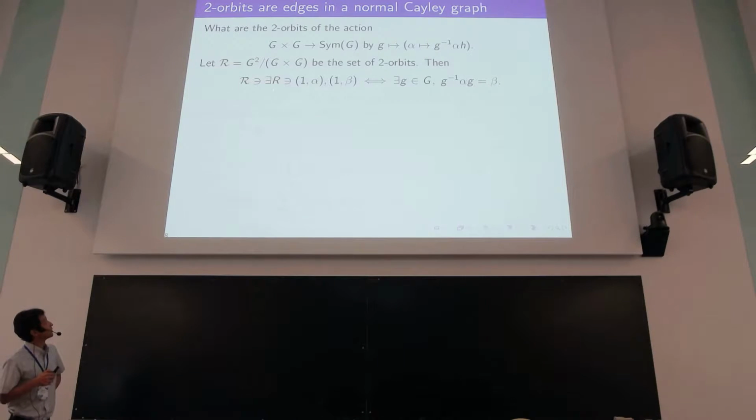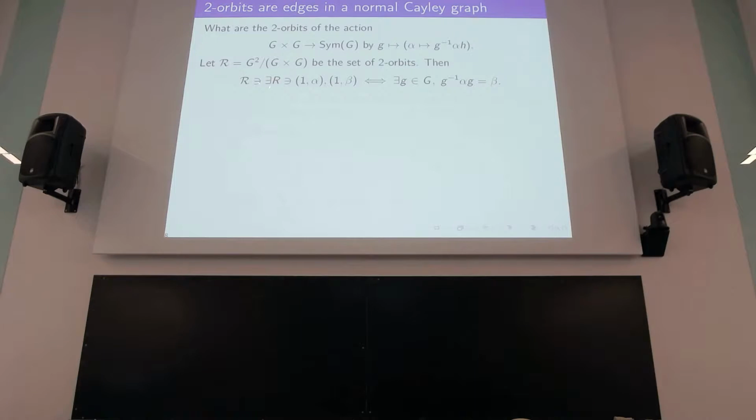So suppose you take two orbits, and suppose you have elements, alpha, beta, that is, left component is both identity. Then it means that there exists an element G which maps this pair to the other pair. But the action has to preserve identity.